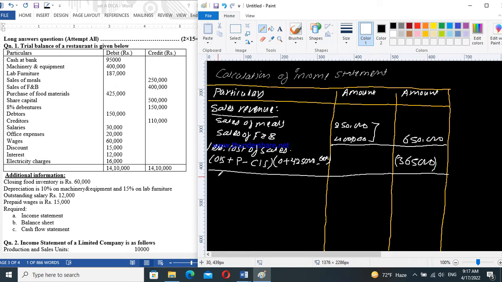Gross profit margin. 650 minus 365. Gross profit is 2,85,000. Less: operating expenses.